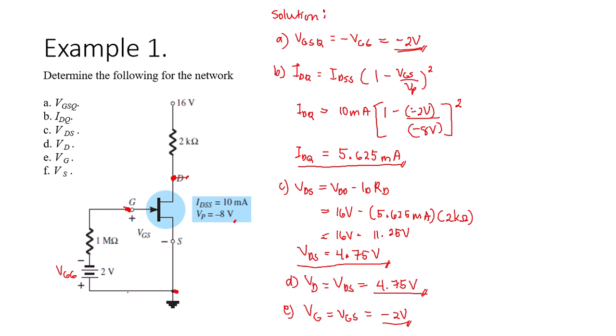And for the last unknown, we have the VS. For a fixed bias configuration, there's no resistor connected in the source terminal. So VS is simply equal to 0 volts. So that's it for the mathematical approach of this given circuit.